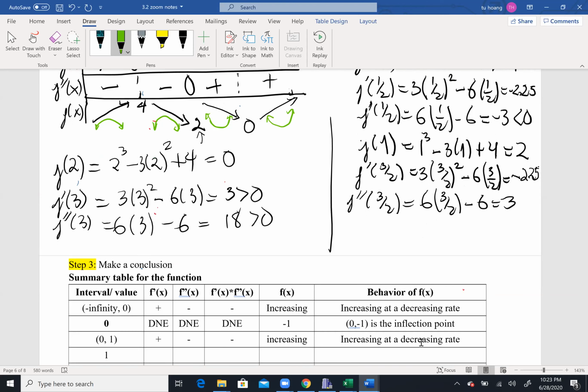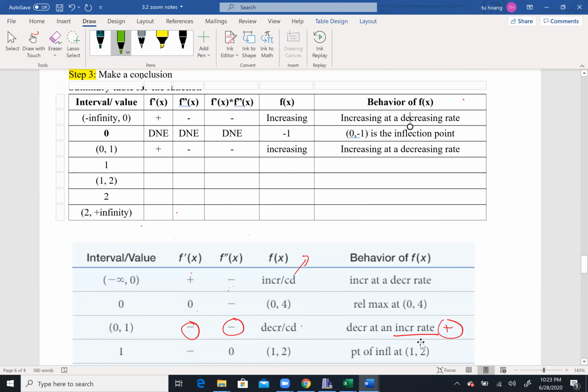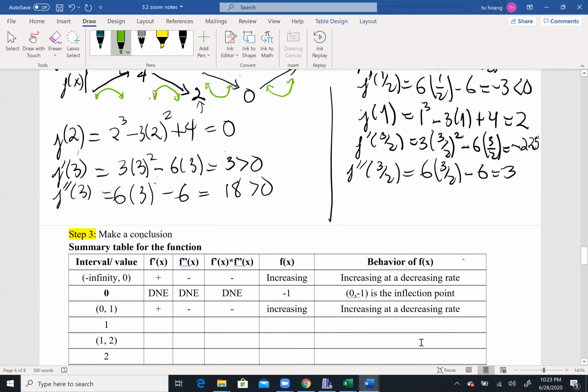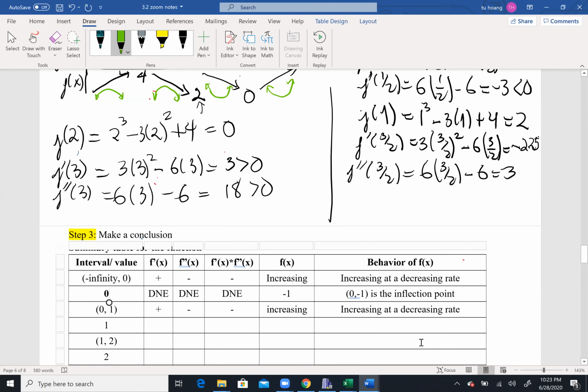Okay, so let's see if I have it here. Yeah, same thing, right? Now I have 0 here. What happens at 0? I have f'(x) equals 0.